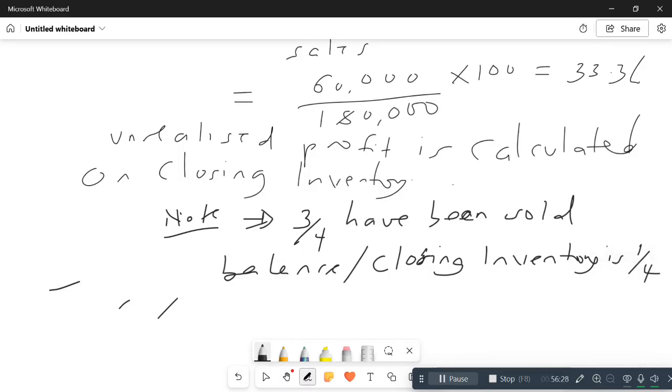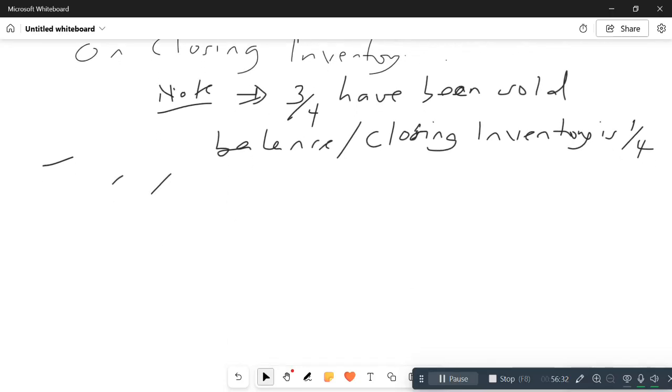Very clear. Meaning we can now determine the closing inventory since we know what the balance is. They can say half or 50% has been sold or 100%. Our interest is closing. If you don't have closing inventory, don't waste time to calculate unrealized profit.